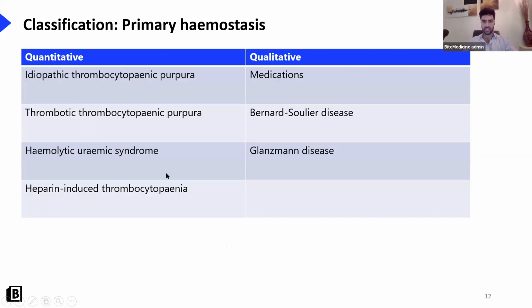And we have 7 conditions here. So the 4 on the left all cause thrombocytopenia. The 3 on the right all cause impaired platelet function. And don't worry, we'll go over the medication stuff again in a few slides. Okay, so quantitative, qualitative, that's the way you break down platelet disease. And platelet disease comes under primary hemostasis. So that's the way you categorize this.